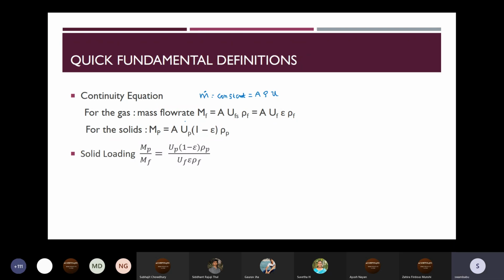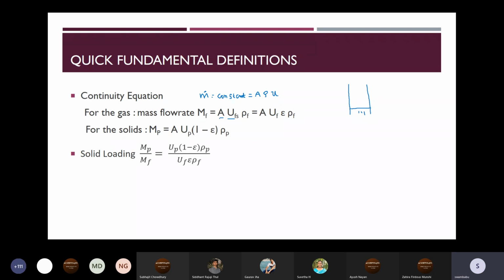So for gas and for solids, we can write a similar continuity equation. For gas, we have A and we have superficial velocity, because mass flow will not change, right? Whether at the entrance or inside, it will not change.